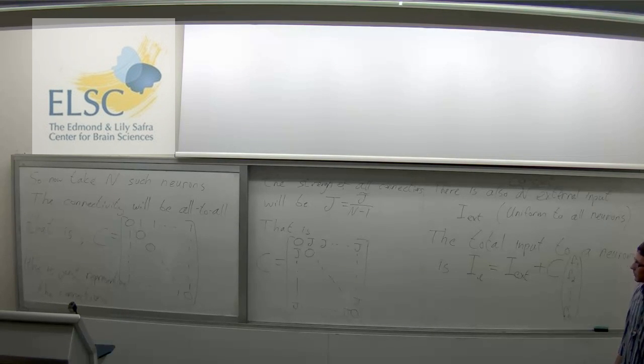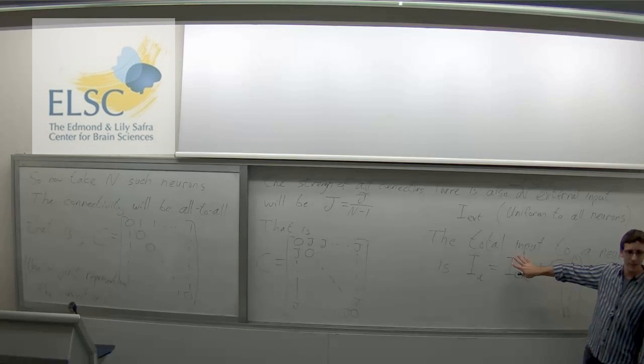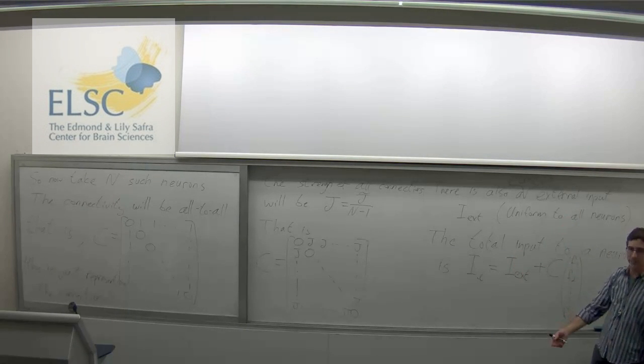Now, think of it that if we start off with an initial state that is the same for all neurons, let's say 0, then at every time step each neuron gets the same input. At the first time step, this is 0, and all of them get only I external, and they are all the same.